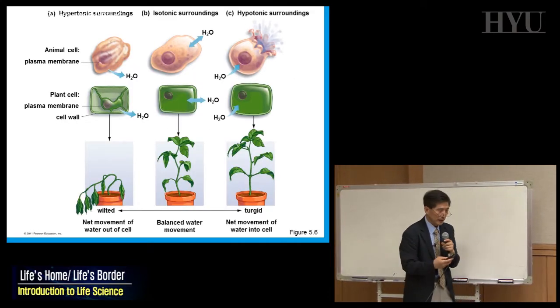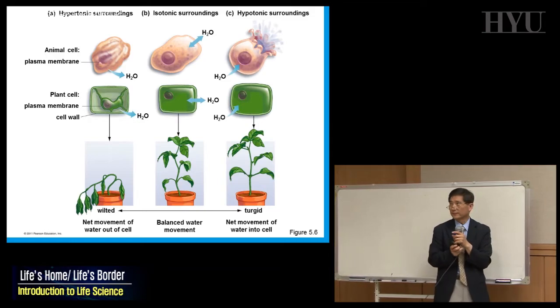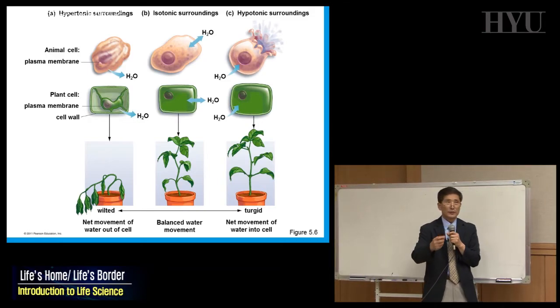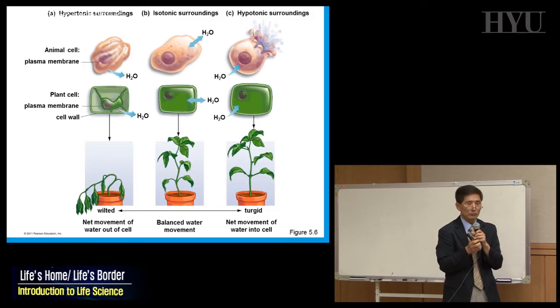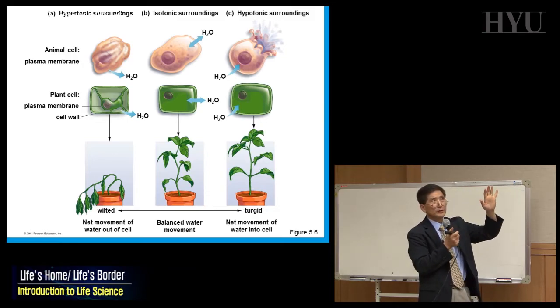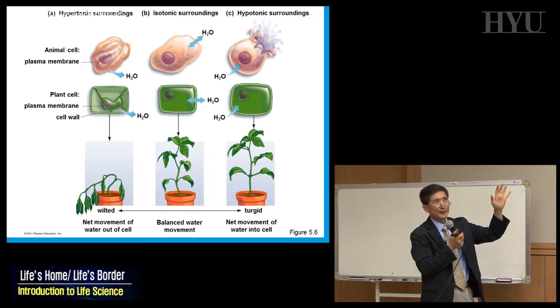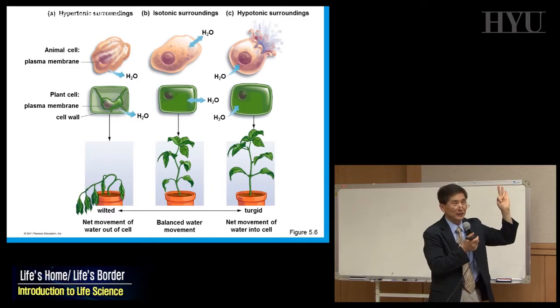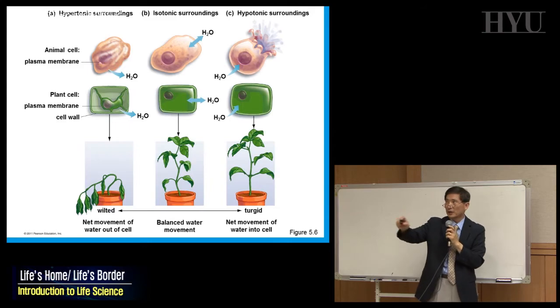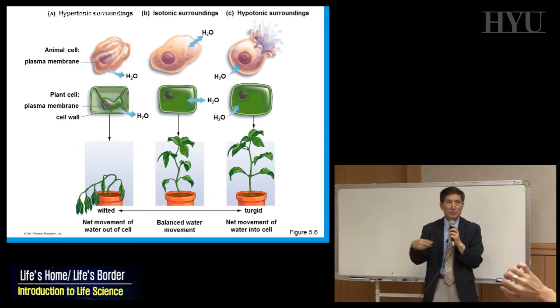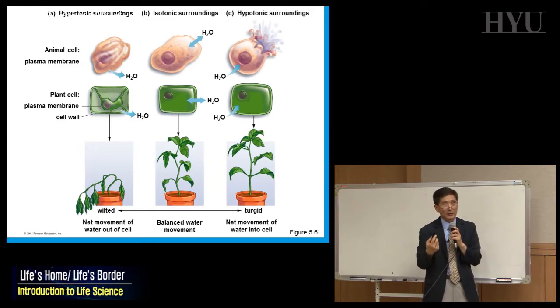So that happens in an actual cell. There are three solutions. You remember solution? Solution is solute plus solvent, right? So there are three types of solution: hypotonic, isotonic, hypertonic.